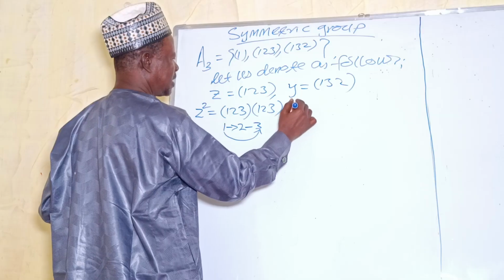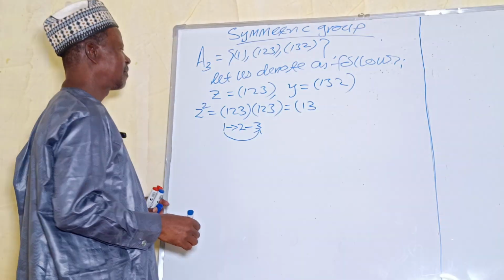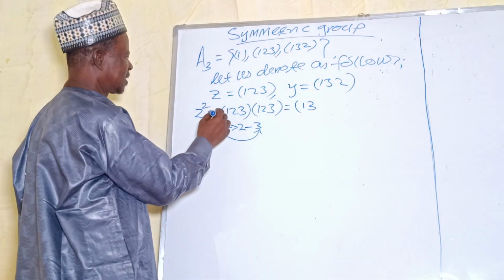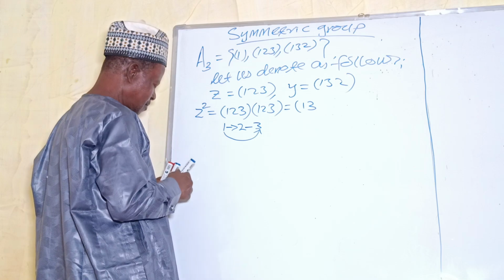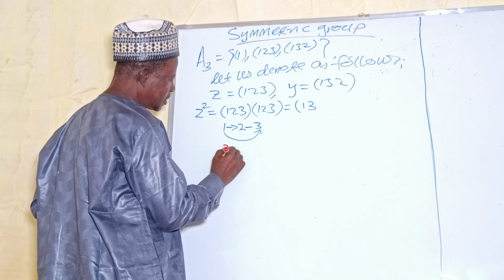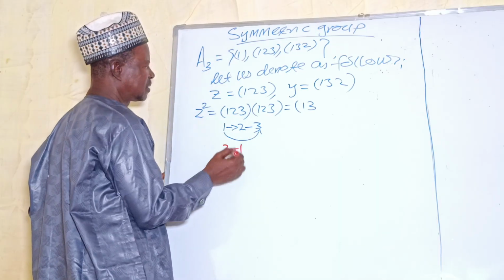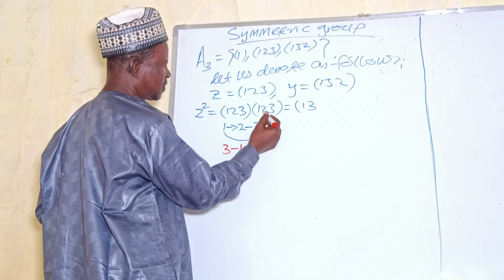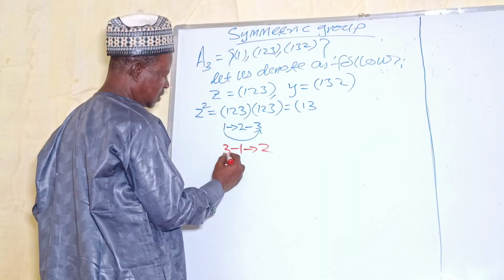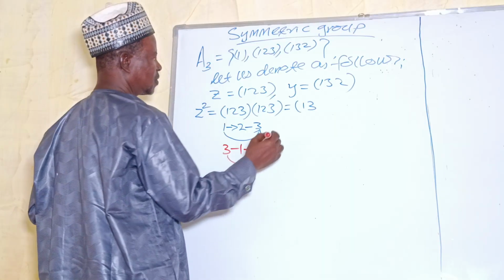Now 3 is mapped to 1 in the first cycle, and in the second cycle 1 is mapped to 2. So ultimately, 3 is mapped onto 2.